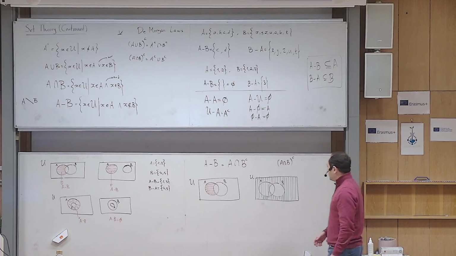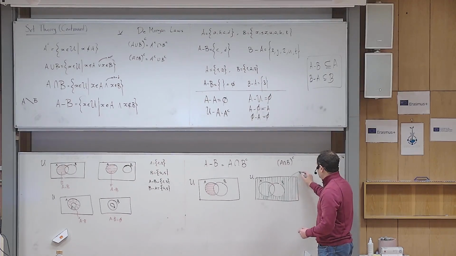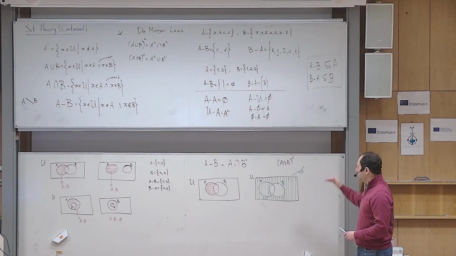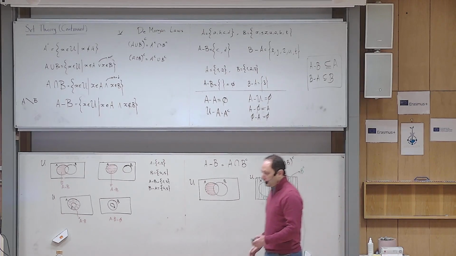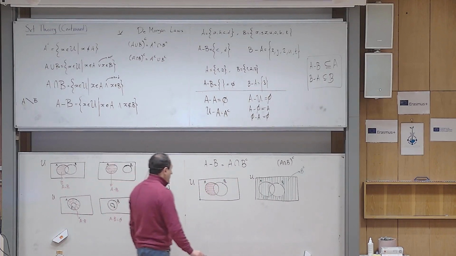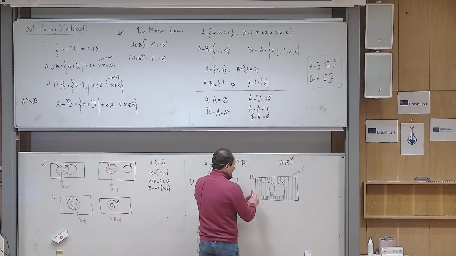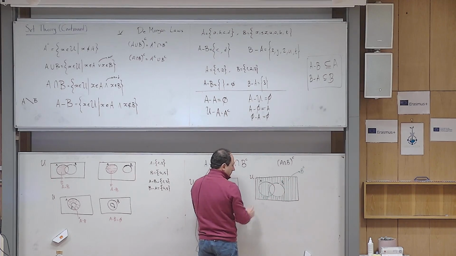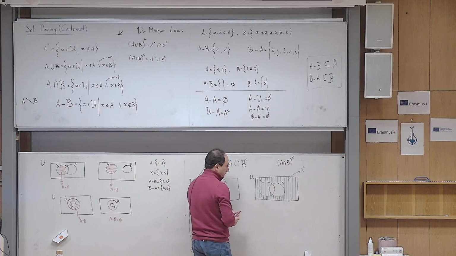And then this green part is B complement. And then I want to intersect it with A. Where is A? Of course, A is the whole circle of A. I want to find the overlap between the green region and the region included within the circle A. Do you see where it is? Yes, it is exactly this.